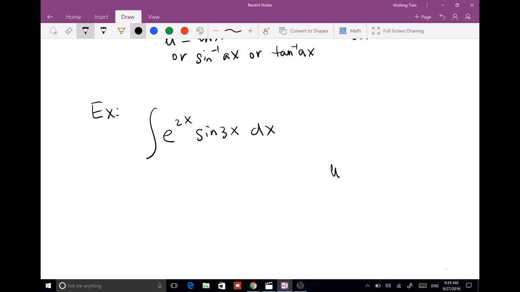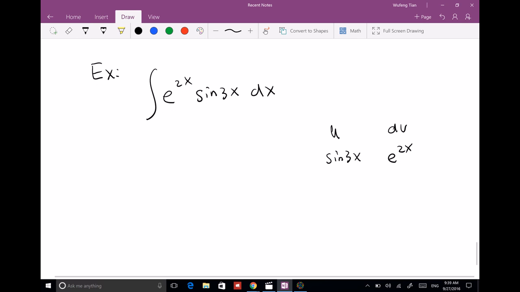Suppose u equals sine 3x and dv equals e to 2x. I think the other way around should be okay too, but just more steps.